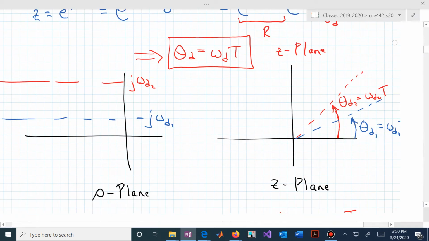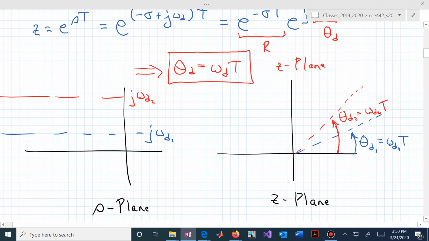And you can now look at the corresponding lines in the S-plane, these horizontal lines corresponding to the distance up from the real line. That gives you the appropriate omega sub d value. j omega sub d1 is smaller than j omega sub d2, and so omega sub d2 corresponds to a faster system.